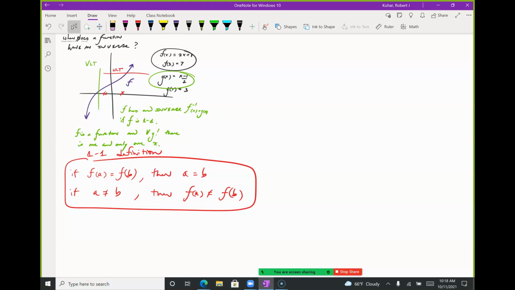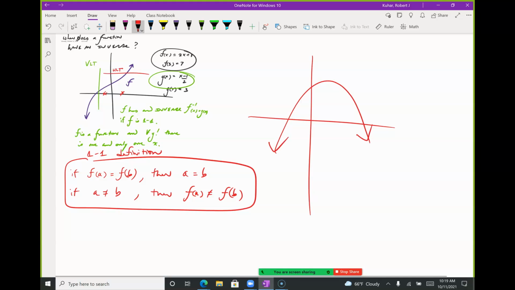I can have no repeated heights. That's another way of saying it. I like that one the most. I can have no repeated heights. If I have any repeated heights, I will have different x values there.